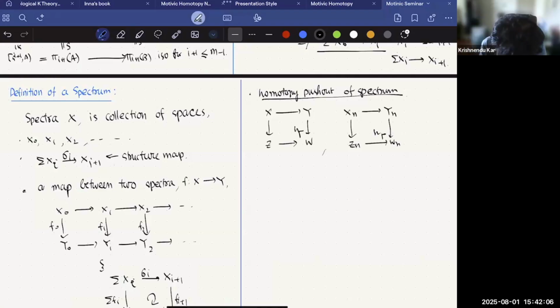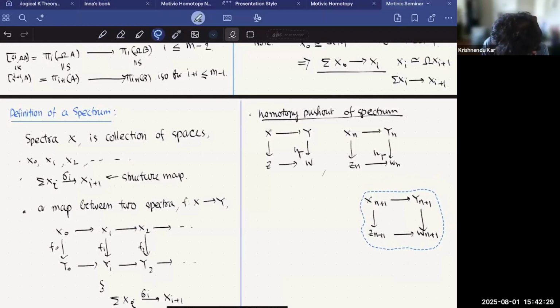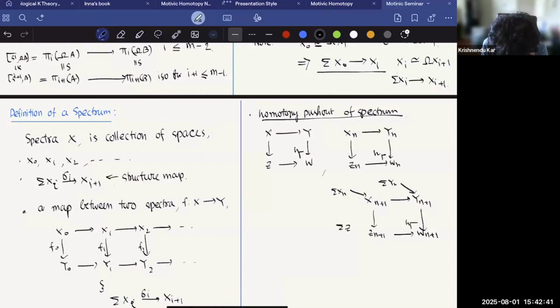That means that I have also Xn+1, Yn+1, Zn+1, Wn+1, and I guess this will be hard to write. This is your suspension of Xn, this is your suspension of Yn, this is your suspension of Zn, this is your suspension of Wn.